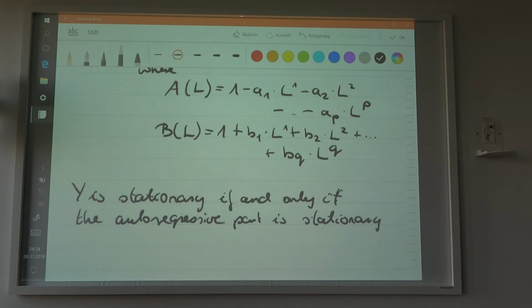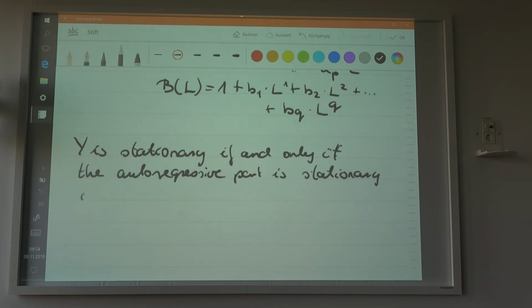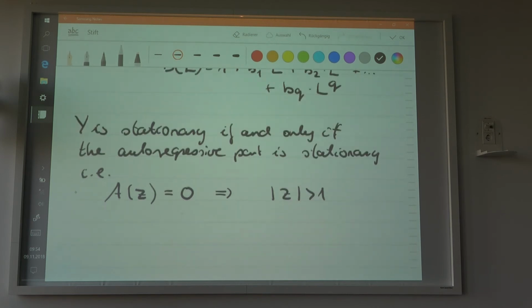So if you collect the roots of the lag polynomial, the absolute value of the roots is always greater than 1. Please note that the roots can be complex numbers as well. This is the first equivalent condition.